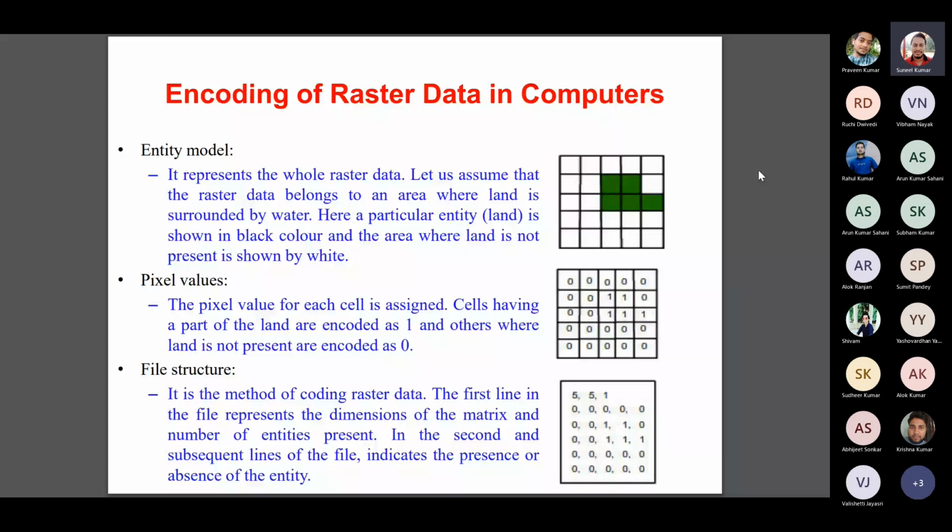What will happen at the boundary where the vector data is intersecting the raster data? Suppose this one is one pixel and a polygon is going around it. Wherever there is a boundary of the polygon, there is a chance that a complete pixel will not get clipped, so a partial pixel will get clipped. Are you getting this thing?